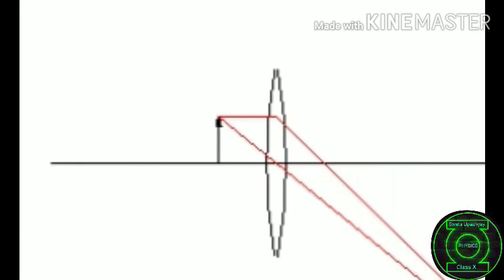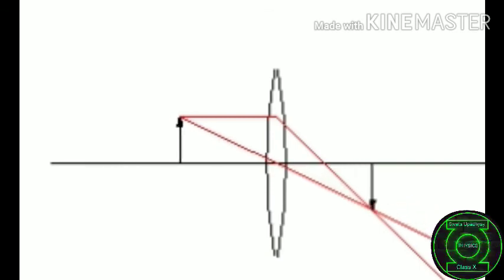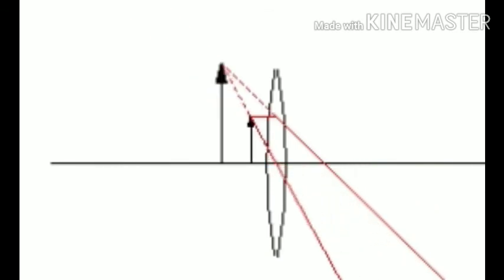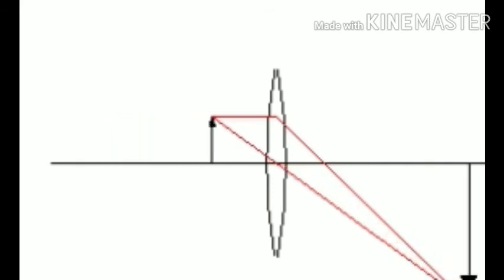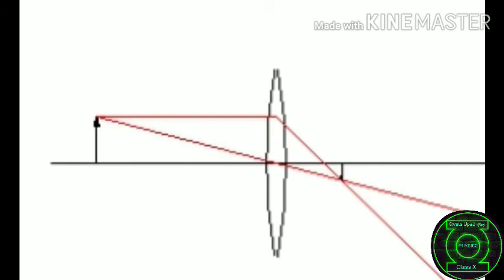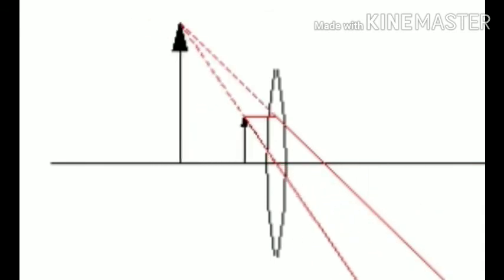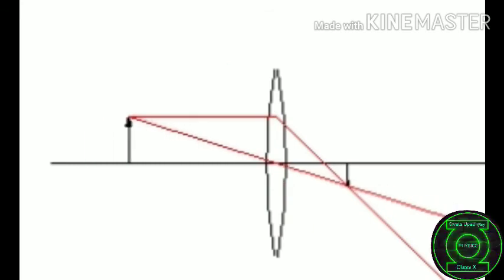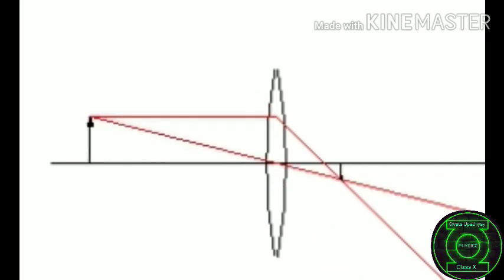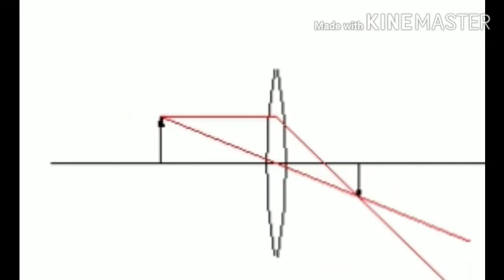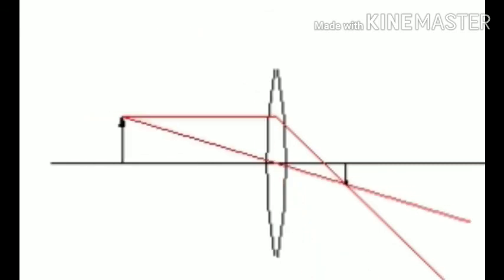Suppose, for the first case, when the object is very far from the convex lens, a real, inverted, and diminished image is formed at the focus. Second, as the object moves towards the lens up to 2f, the image on the other side of the lens moves away from the focus of the lens up to 2f. However, the image formed will remain real, inverted, and diminished, but its size will gradually increase.